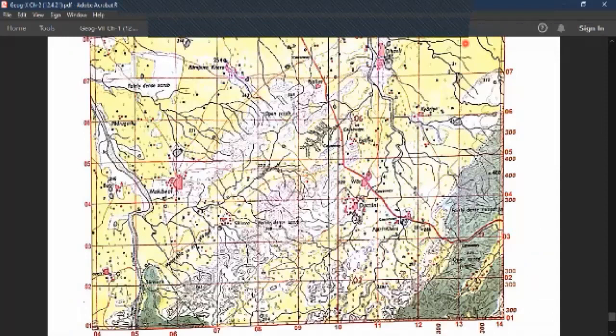So students, let us start with our topic and discuss about the grid reference. A grid is a set of lines used to find the exact location of a place on a map. A topographical map comprises of square grid with grid lines intersecting each other at right angle and numbered sequentially.